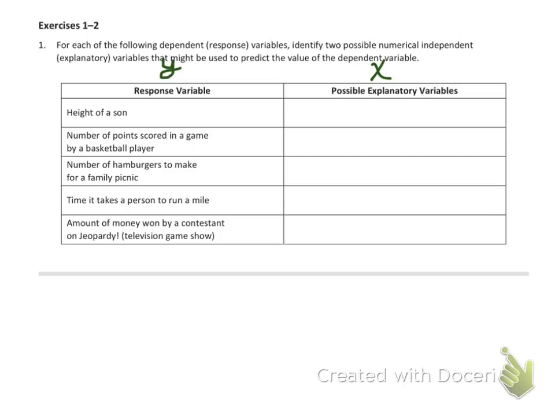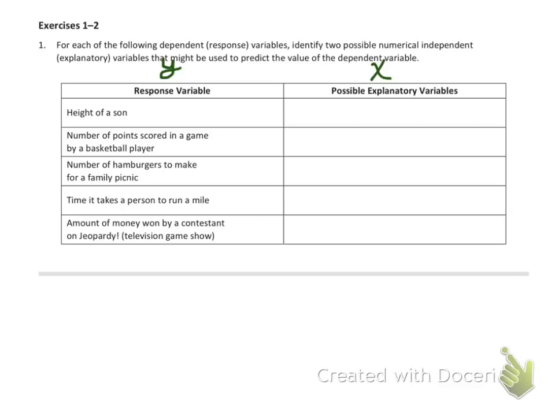So if I want to predict the height of a son of somebody, what could be an explanatory variable, something that would explain the height of the son?